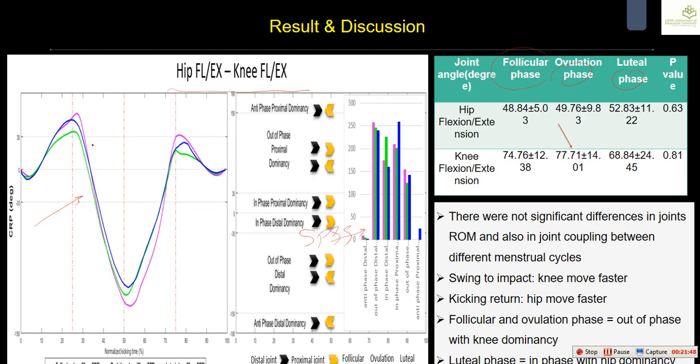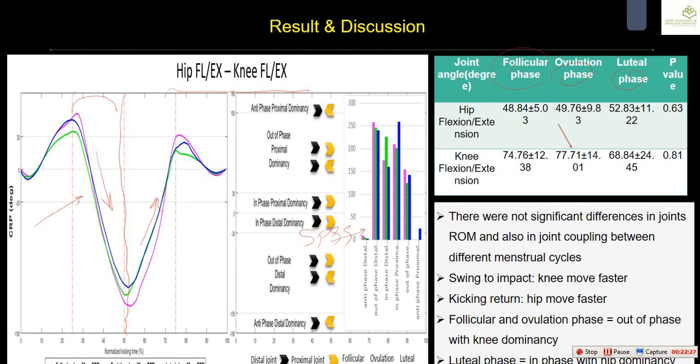However, we can see from the CRP plot that in the first 50% of the kicking, during the phase of swing to impact, the knee moved faster than the hip, and after that, during kicking return, the hip moved faster than the knee.